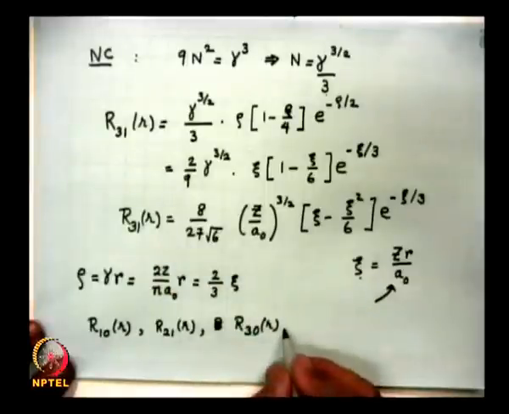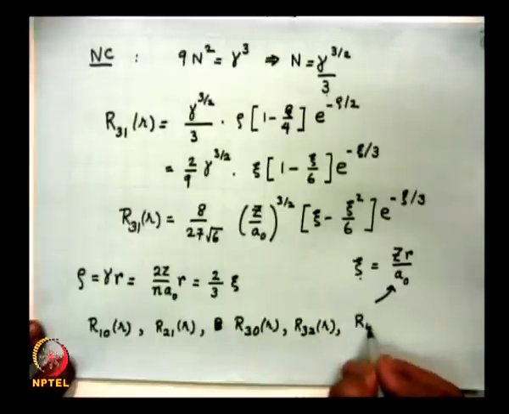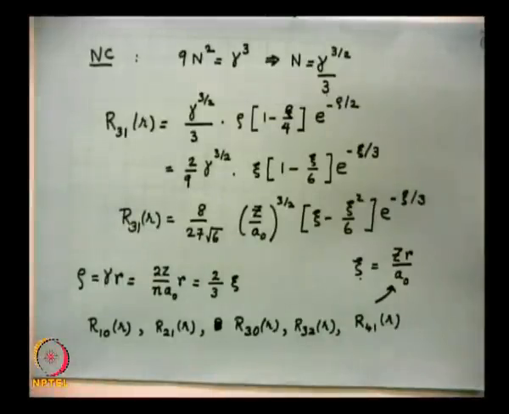R31 of r I have already calculated, R32 of r, and then n is equal to 4, R41 of r, etc. These are fairly straightforward to calculate, and once you get the hang of it, you will find that the use of the confluent hypergeometric function is extremely easy in the calculation of the normalized wave functions. So, this concludes the hydrogen atom or hydrogen like atom problem, and we will continue on the two body problem, namely that of the Deuteron problem.